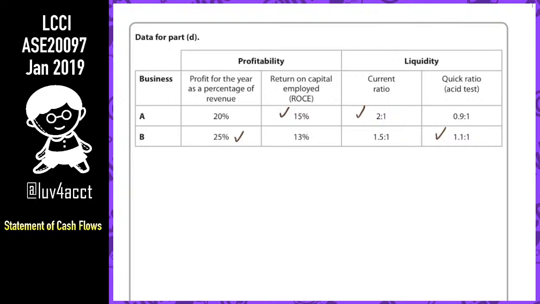Business A has a better current ratio only because it keeps a lot more inventory than business B. Inventory takes time to turn into cash, and if you have a quick ratio of 0.9, then it is not a good sign. You have a risk. For business B, there is a lower risk.